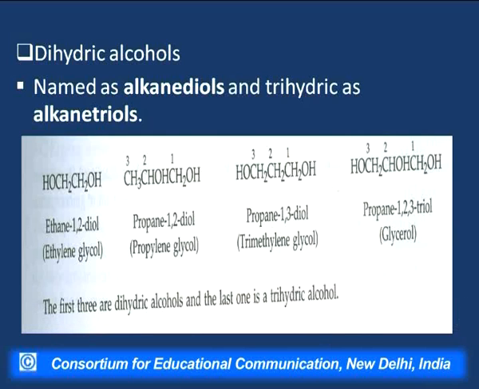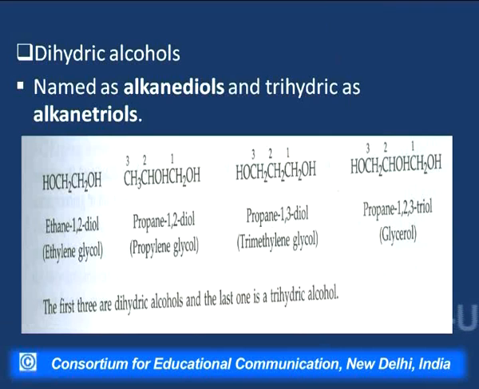Please remember, we cannot have gem diols, where the 2 OH are attached to the same carbon, because that compound is unstable and it loses a water molecule to form the corresponding aldehyde or ketone.